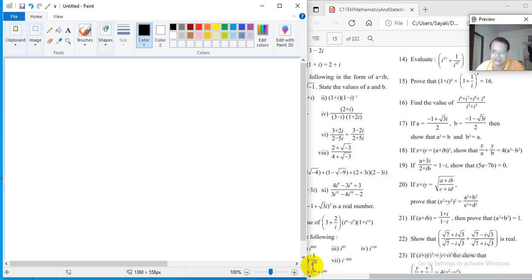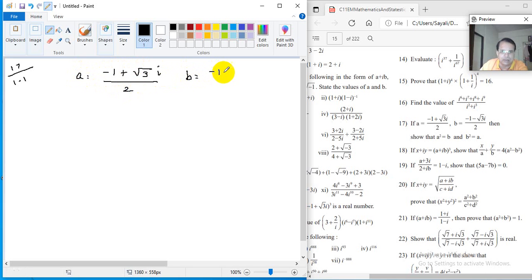Now come to again, say problem number 17. This problem we will use whenever we will discuss exercise 1.1. Okay, now here what is given? a is equal to minus 1 plus root 3i divided by 2, and b is given as minus 1 minus root 3i divided by 2.